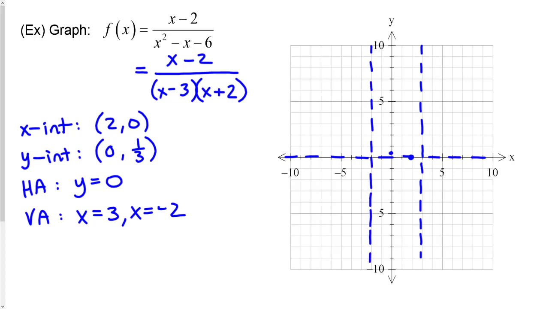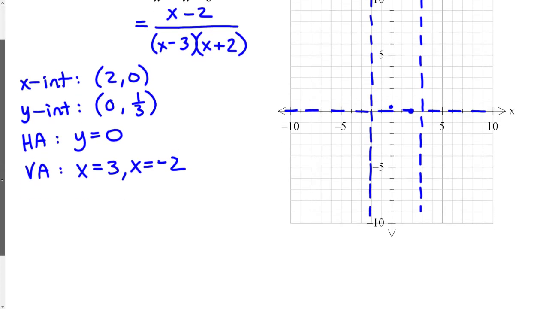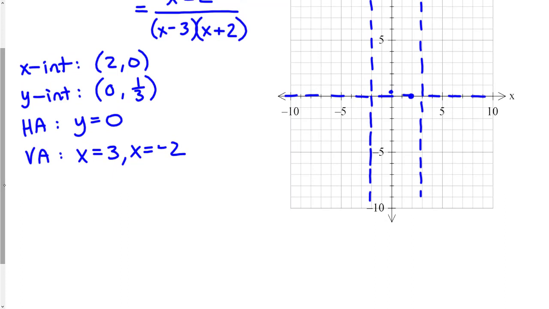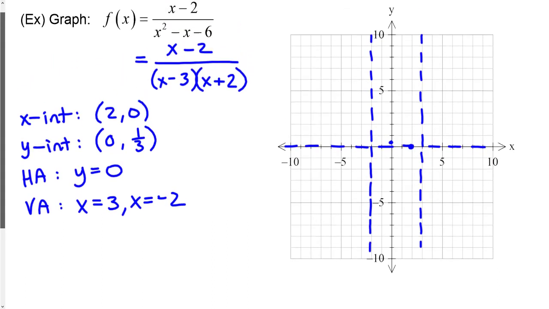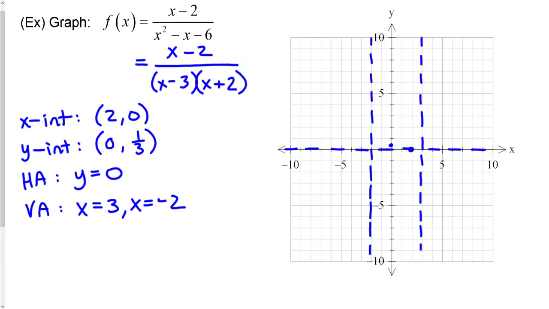Okay. Now, the only other thing that might be useful is a sign chart, but that's not always the case. I think in this case it would be helpful, and let me explain why. The first interval is from -∞ up to -2.